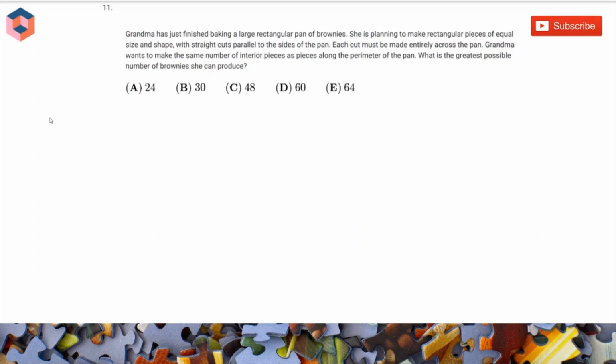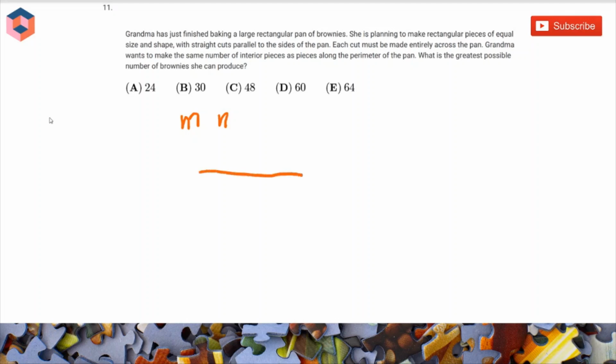Okay, so for this problem, notice what the number of perimeter brownies will be. So let's say it's m by n. Notice it's a rectangle, not a square. It's an m by n rectangular grid where we have m along one side and n along the other side.